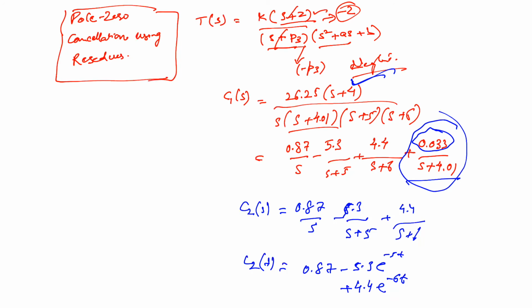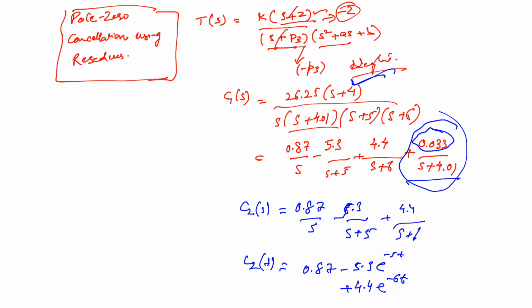I hope you understand the topic well. I think you understand well about the placement of the zeros on the left hand and the right hand of the plane, and how it affects the slope from the left hand to the right hand, and how the non-minimum phase response is also obtained in that case.